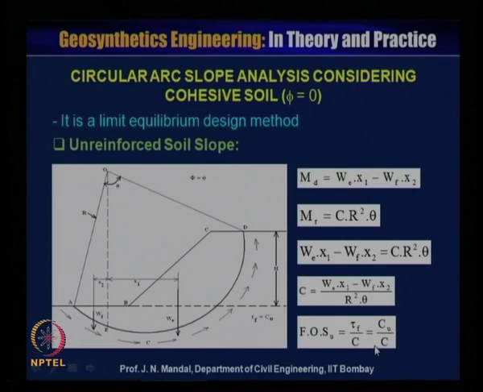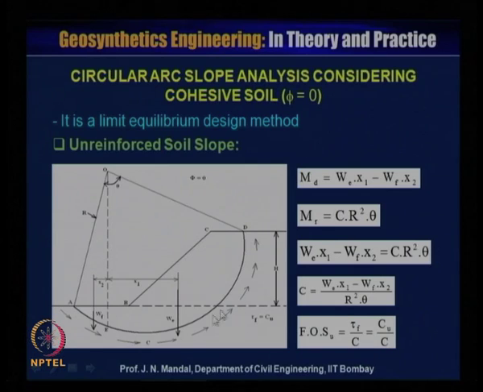Now, this Cu by C, that means if the circular surface is the one for which the ratio Cu by C is a minimum when the C is the maximum. So, you have to find out what should be the critical circular surface for the sliding.